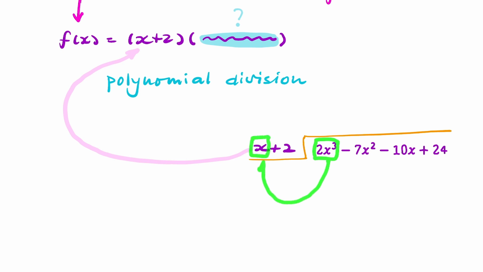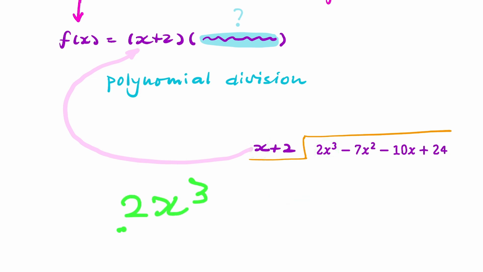So you're going to divide 2x cubed by x. So 2x cubed divided by x is going to give you 2x squared. So that's your division.